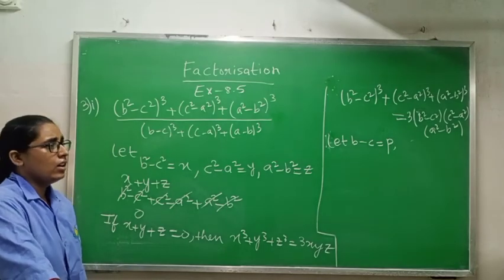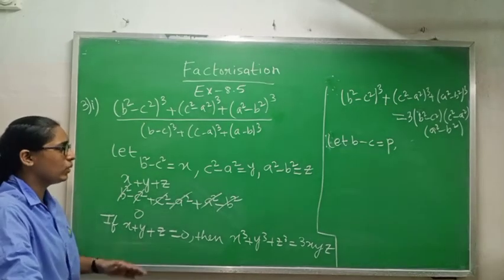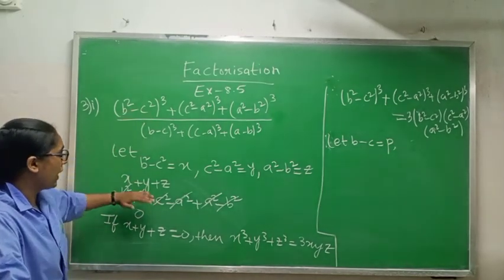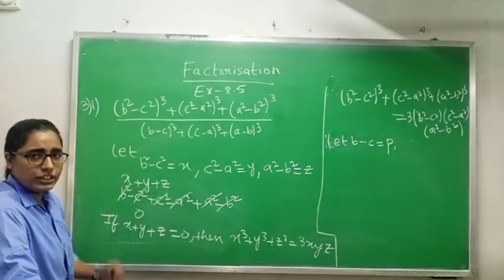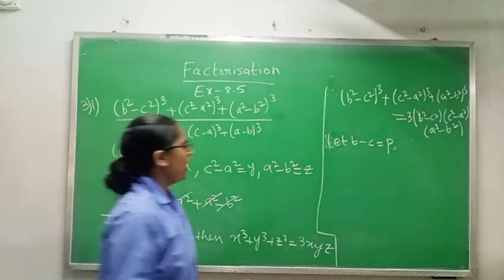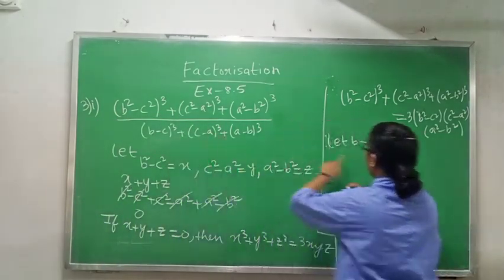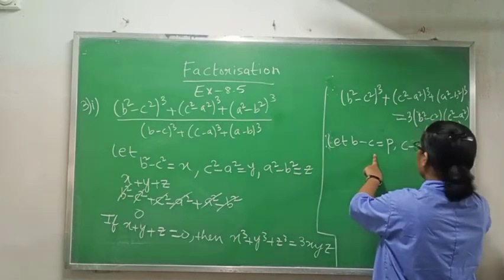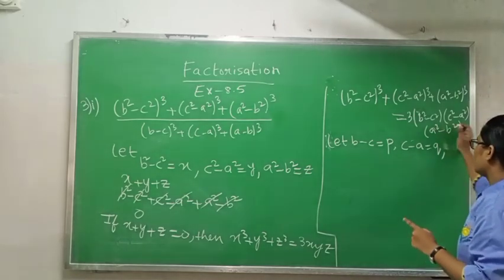You can take d, e, f or any variable except those already in the question. You can't use b, c, a or x, y, z. Now concentrate: b − c equals p, c − a equals q, and a − b equals r.